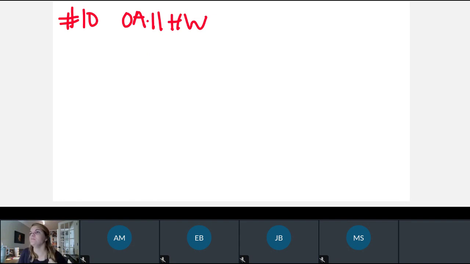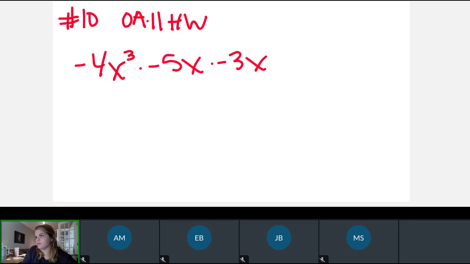Okay. Number 10 says negative 4x to the third times negative 5x times negative 3x squared.